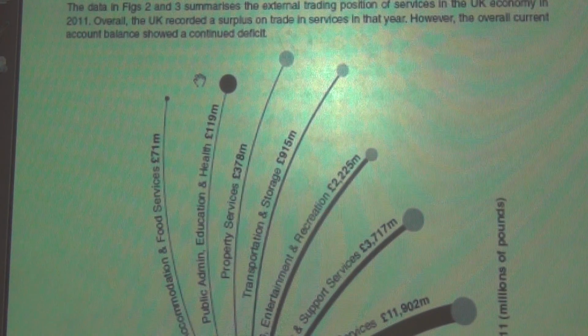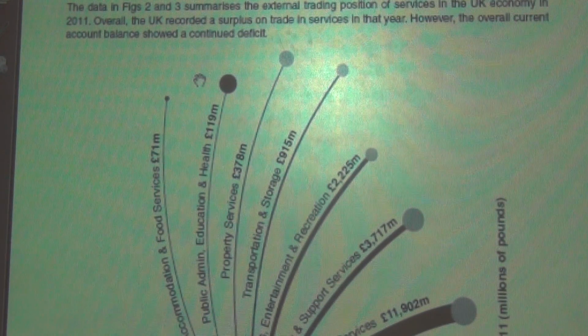Now, you've got the export values here, 97,311 million, and you've got the value for imports as well. Clearly the value of imports is much less, about half, than exports. So we're running a services trade surplus.